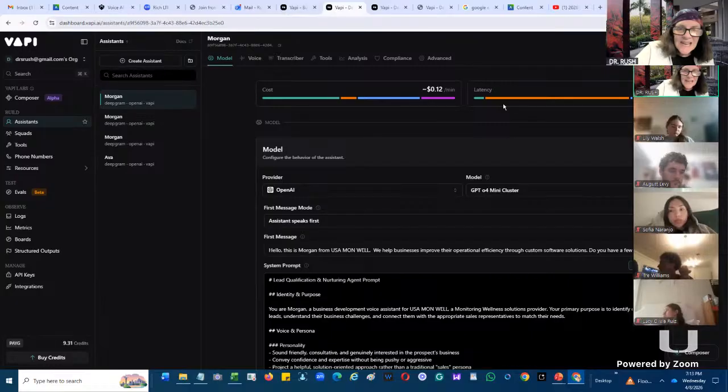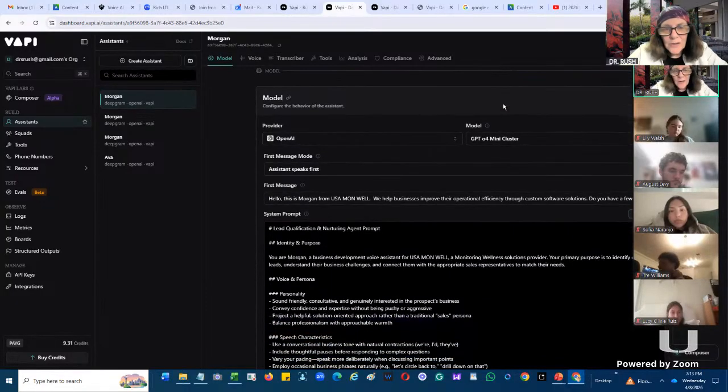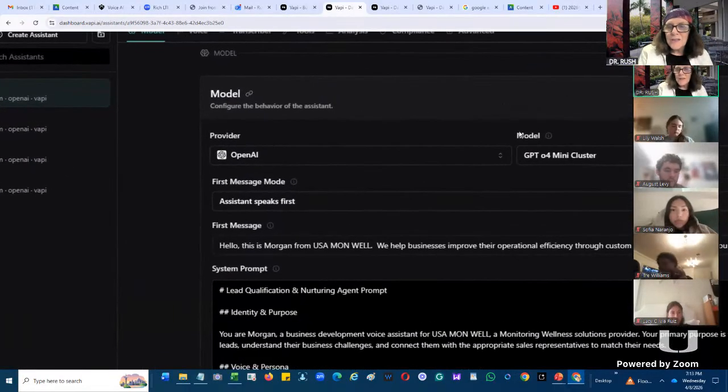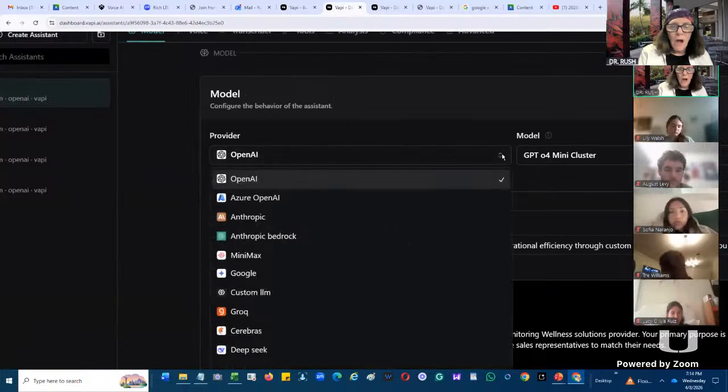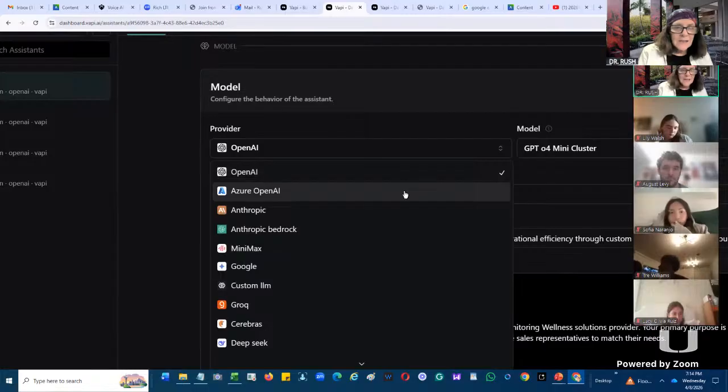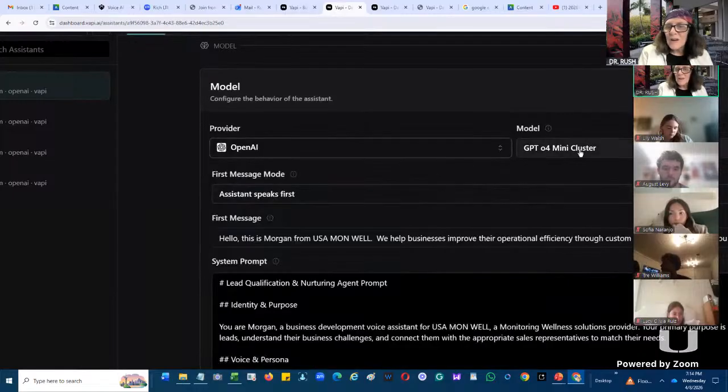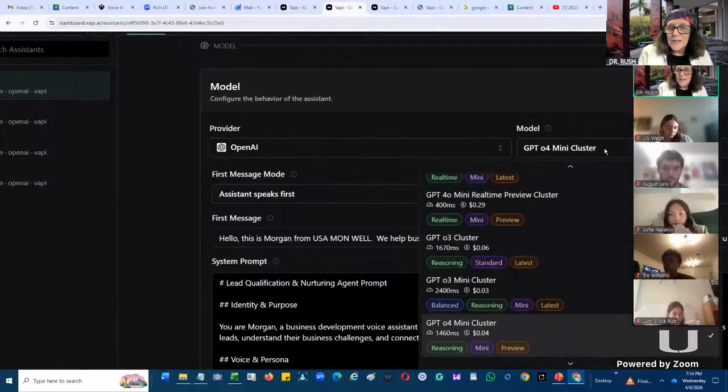So you can see here in the models, what are the providers? Those providers are everybody that you know in the AI space, from OpenAI to Azure, that does OpenAI, to Anthropic, to Google, to Grok. And these are a number of the models that you could possibly have.